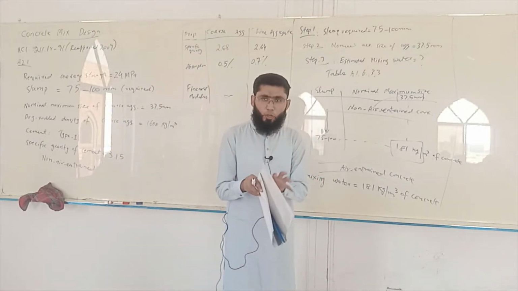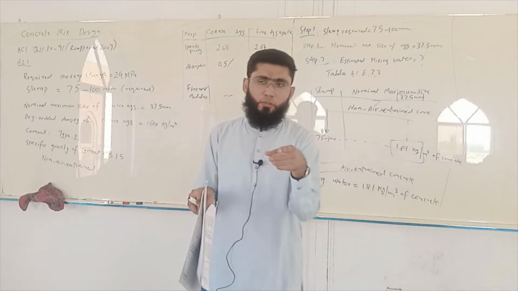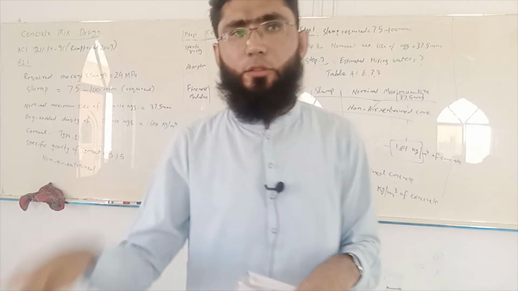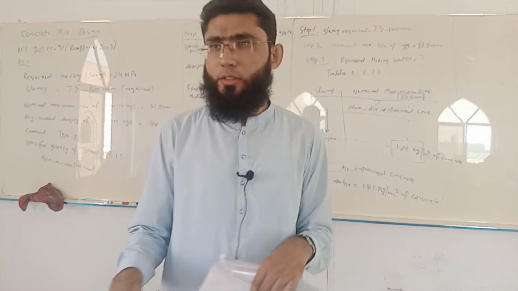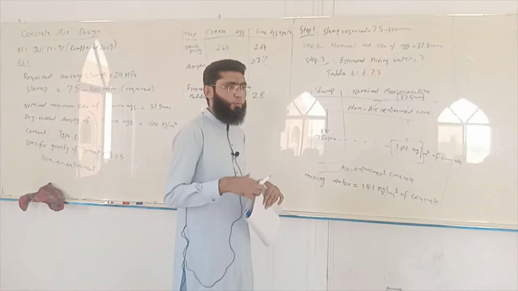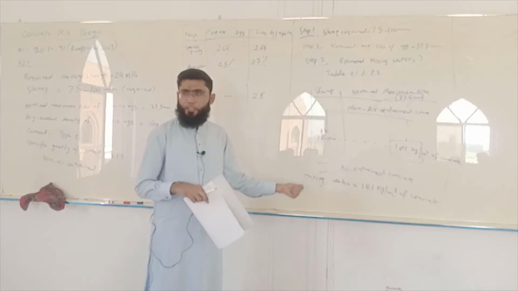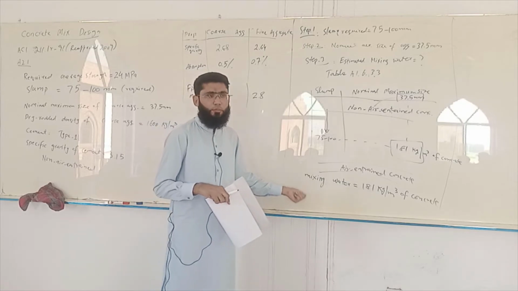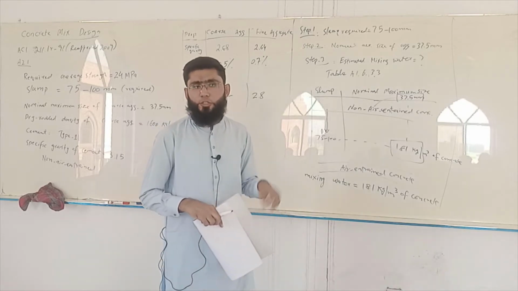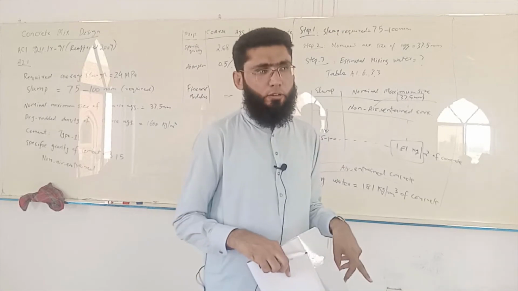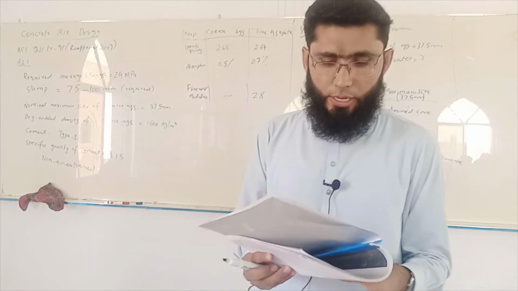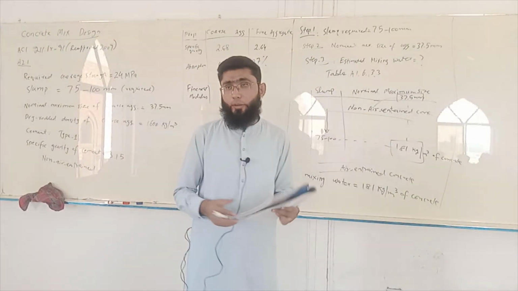Okay, so that water should be available for the purpose of mixing. It shouldn't be going into the aggregate. I'll come back to this point when we're doing the final calculation, but you need to understand that this water is something you need for mixing only, shouldn't go into the aggregate. And the other situation is when your aggregate is wet.